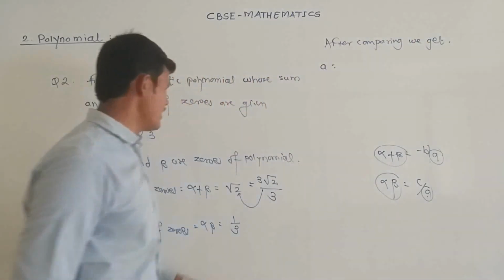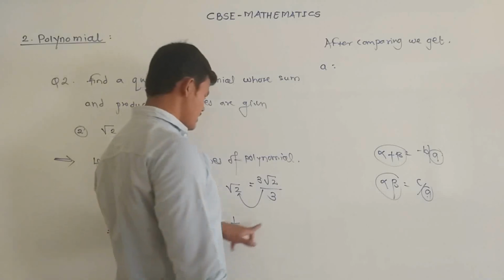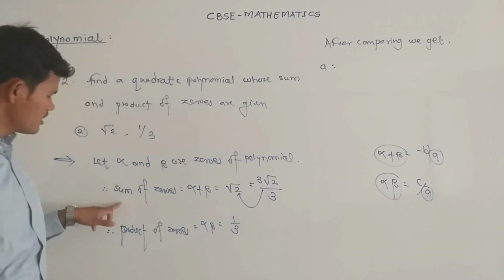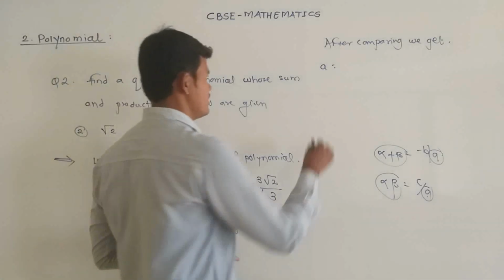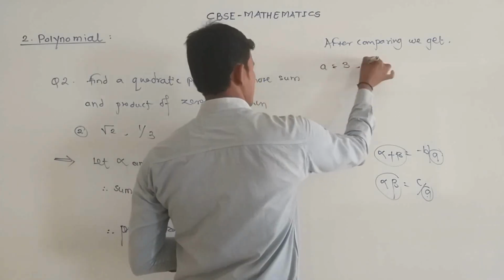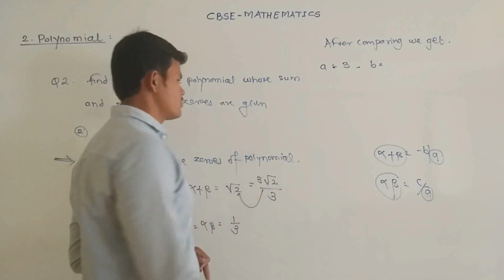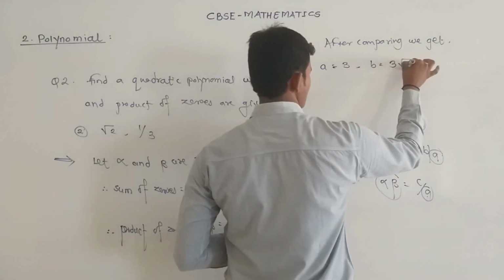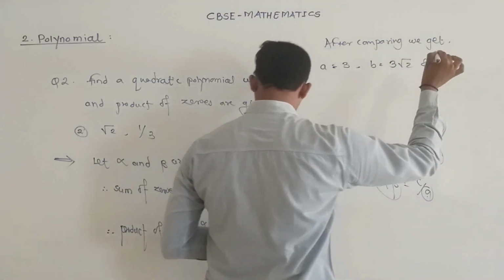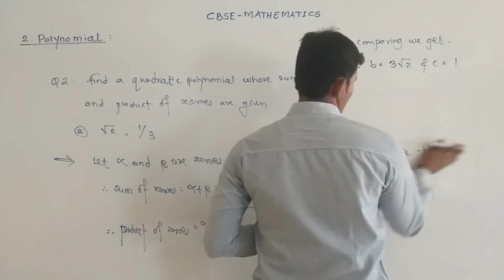The value of a is 3, from sum and product, the value of b is 3 under root 2, and the value of c is nothing but 1.